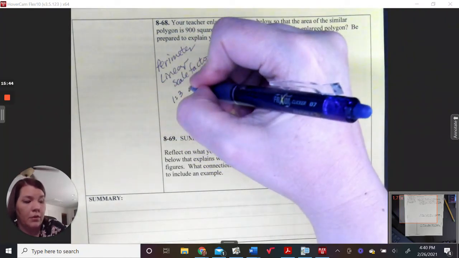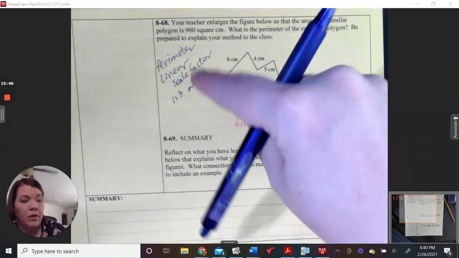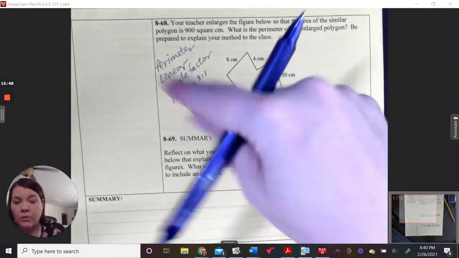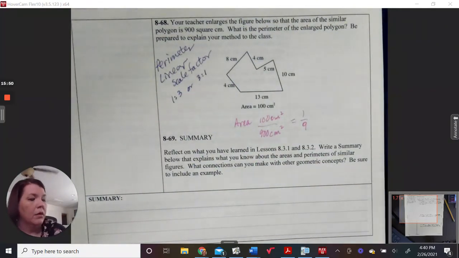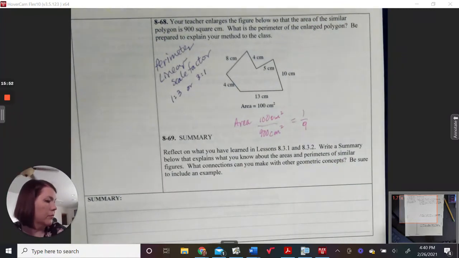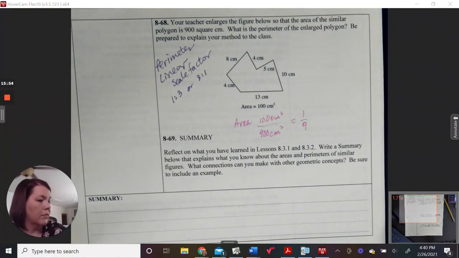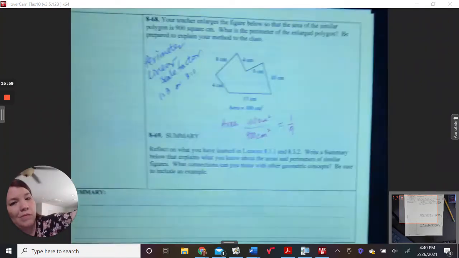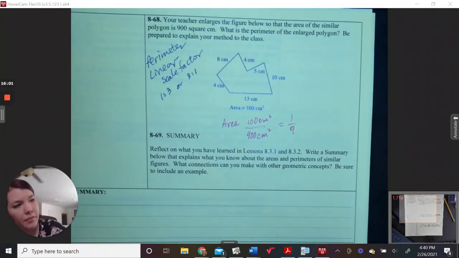Perimeter of our small is going to be 8 plus 4 plus 4 plus 5 plus 10 plus 13.